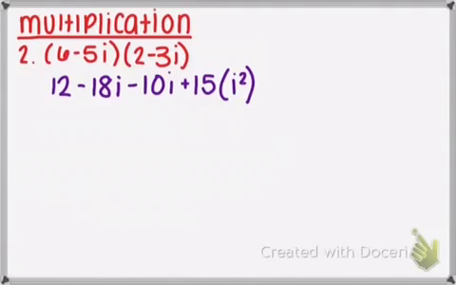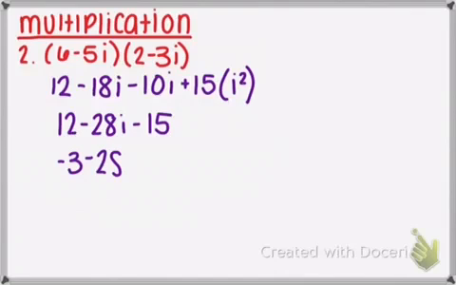And then you put the like terms together, so it would be 12, negative 18i plus negative 10i, negative 28i, and then the 15i squared would go negative because of the i squared, so negative 15. So then you do 12 minus 15, giving you negative 3, and the negative 28i would stay the same.